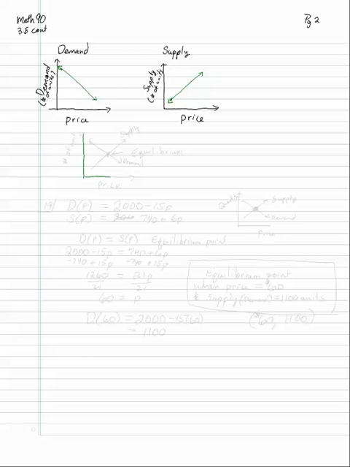So basically, the equilibrium point is, we go out to the marketplace. If we have the number of units over here being supplied and demanded, and the price on the bottom, and we have our demand curve, or in this case a line, and supply line, the intersection point is what's called the equilibrium point.